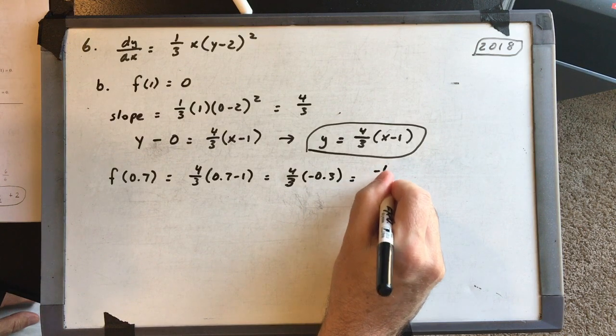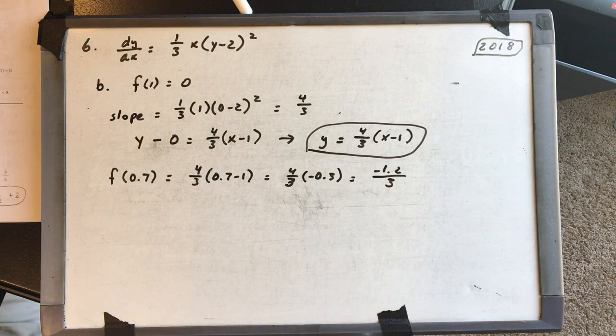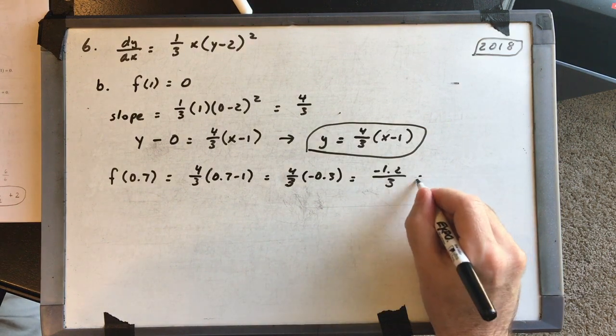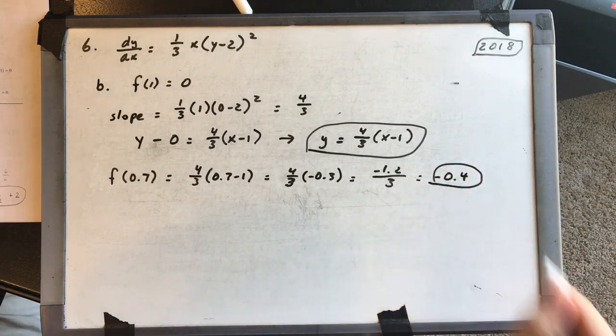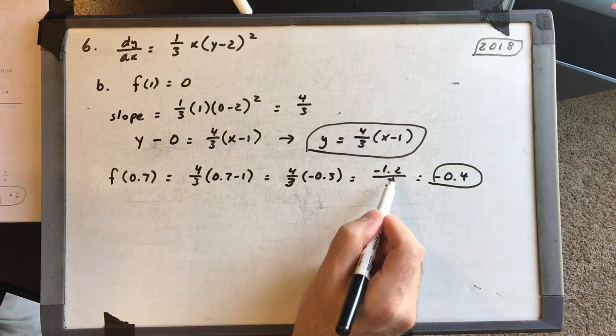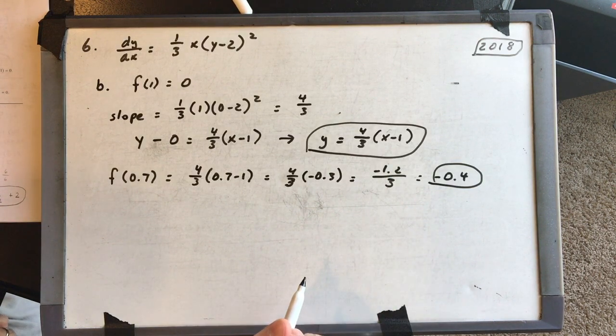That's negative 1.2 over 3. If you want, you could just leave it like that. But that reduces, if you want, to negative 0.4. But if you're not sure about that, what the heck, just circle that. Don't make them count off for you not reducing, which I don't think they will do.